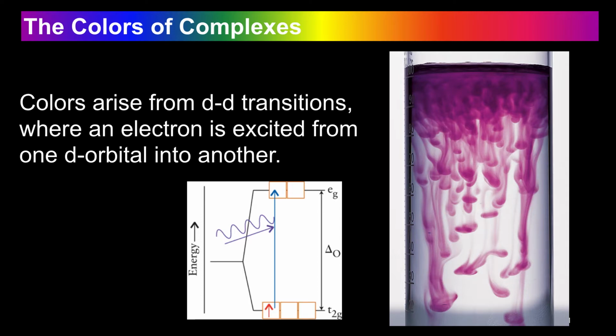Sometimes the reverse is true. The energy difference between the 2 levels varies with the identity of the complex. The difference in energy levels between the 2 groups of d orbitals is called d-splitting energy. The study of the relationship between complex color and d-splitting is called crystal field theory.